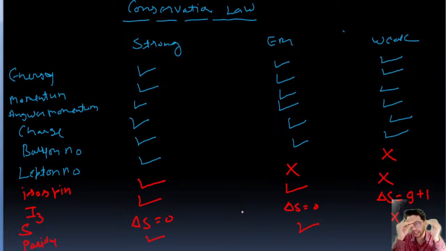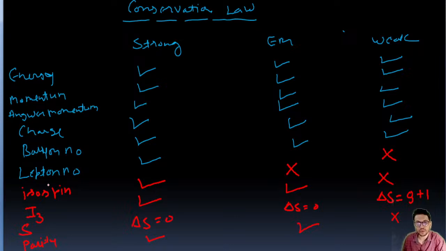I will solve questions, then it is going to be clearer to you. As of now, I would like to inform you that for strong interaction, if any reaction is created by strong interaction, then everything should be conserved.